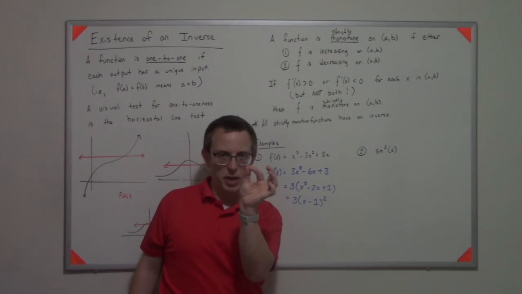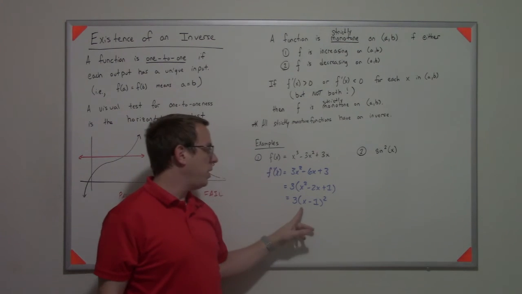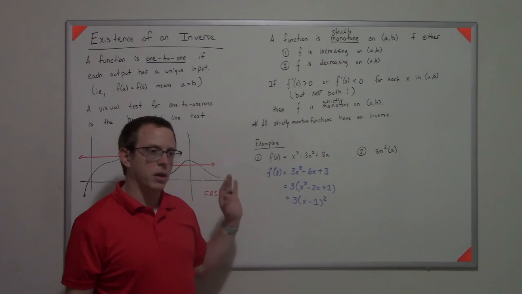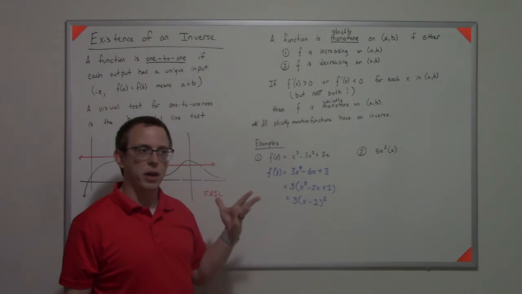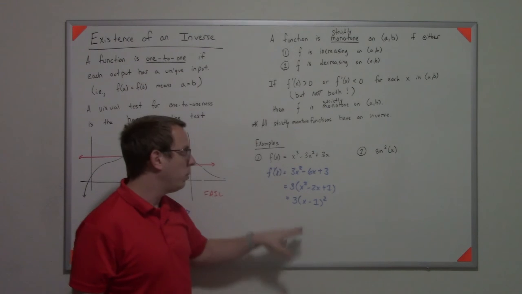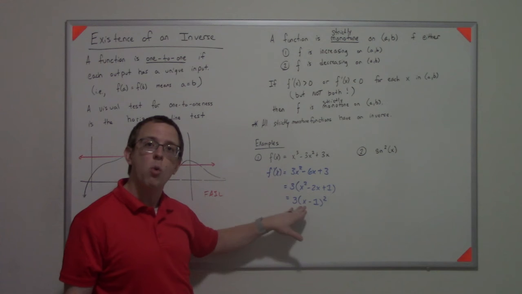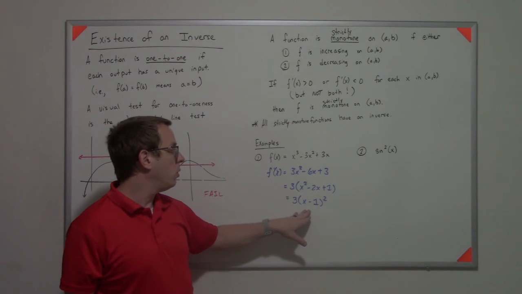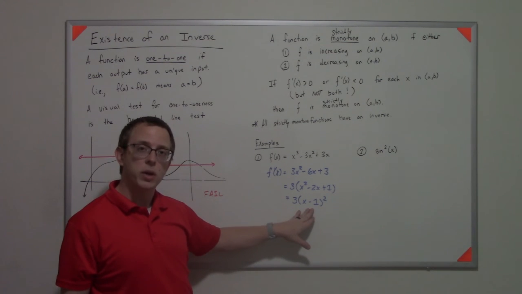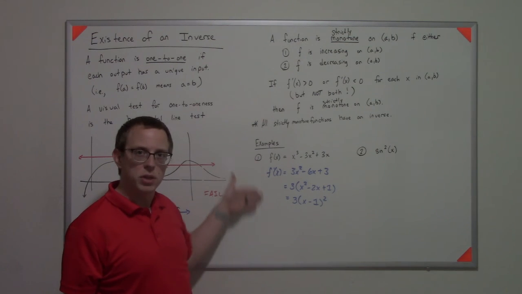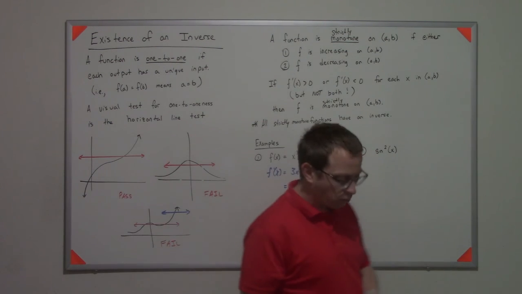It can't just be at a single point. What this is going to be is a stationary point. You're going to find it has an inflection point there because it's a cubic function. So this function's okay. This one is always increasing, so since it is always increasing, it has an inverse. This is guaranteed an inverse.